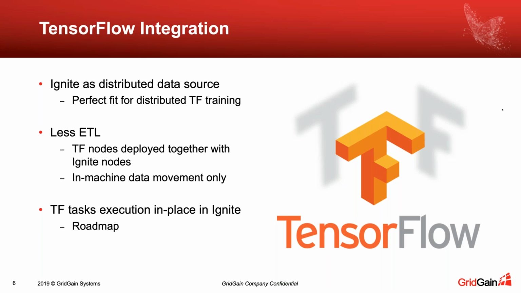In this deployment configuration, there still will be data movement between the TensorFlow node and Ignite node, but that would be in-machine data movement. The data will not be moved over the network. It will be copied just using the local RAM, using the local memory resources. And that's one of the advantages.